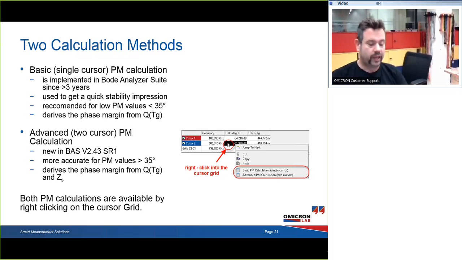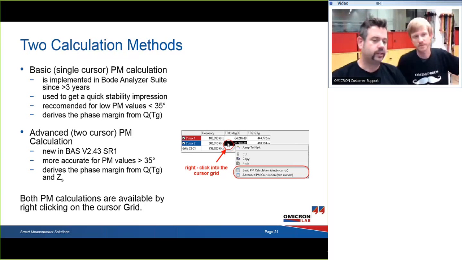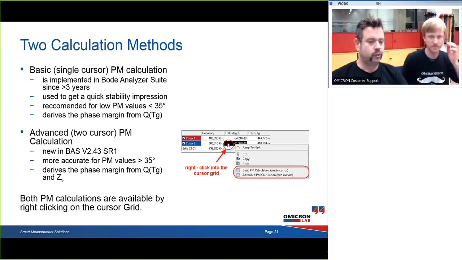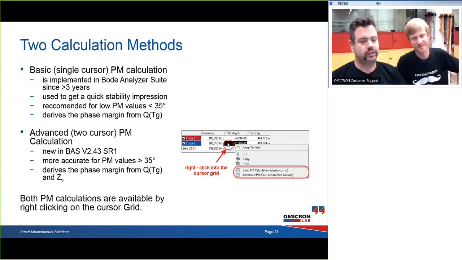But if you have a stable circuit and you want to get a feeling about the stability margin, we recommend to use the two-cursor phase margin calculation. This is implemented in the new Bode Analyzer Suite 2.43 SR1, which will be released next week. And there it's more accurate for phase margin values above 35 degrees.